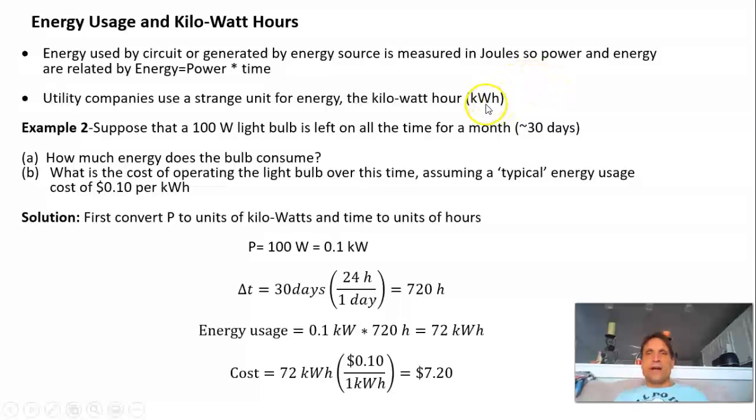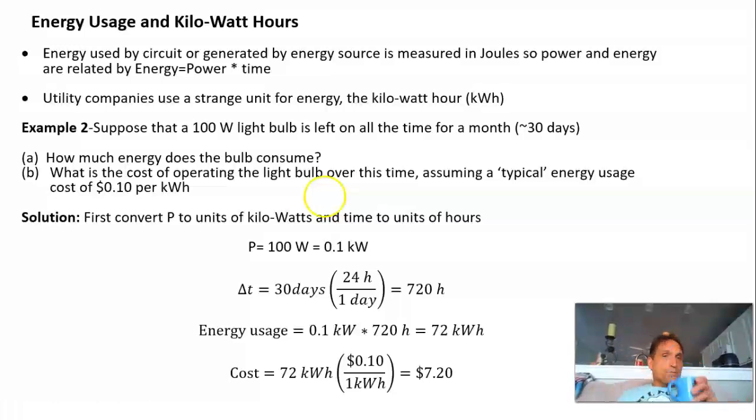It definitely has units of energy because kilowatts is energy per time, hour is time, so it has units of energy, but it's a little strange relative to joules, right? We're used to watts times seconds, which is a joule.